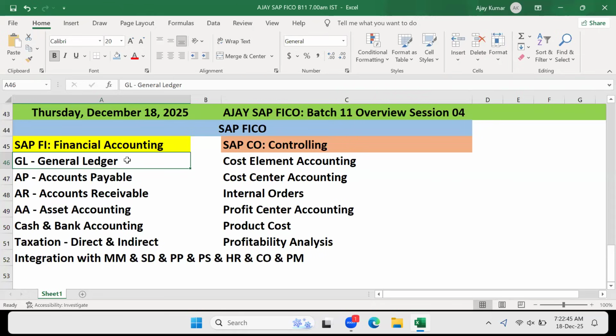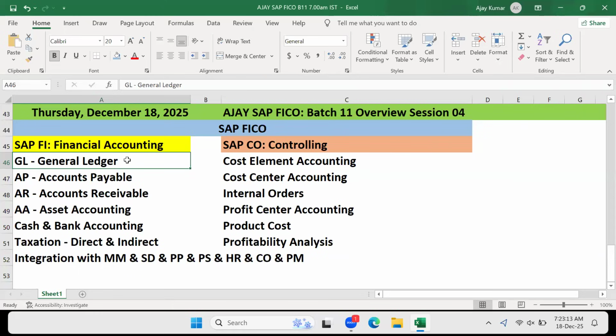When you are referring to GL, are we referring to the main ledger, the subledger, or both together? All ledgers come under GL.